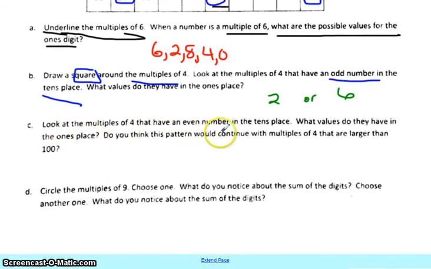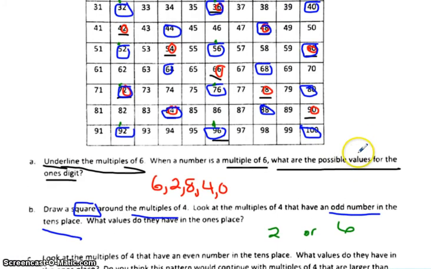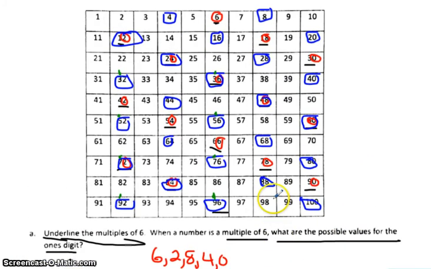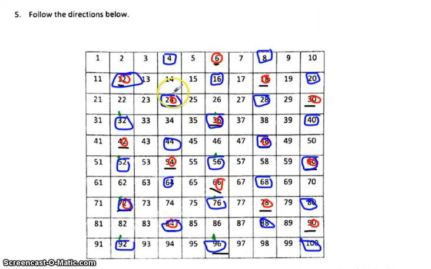Alright, look at the multiples where they have an even number in the tens place. So let's look at ones that have an even number in the tens place. Okay, so let's look.